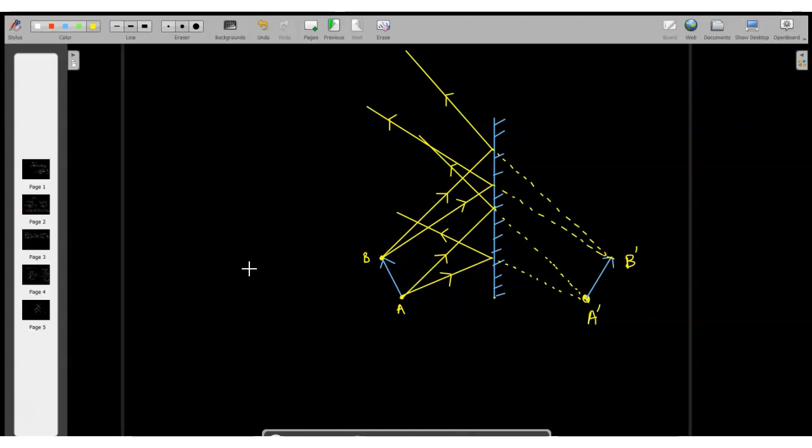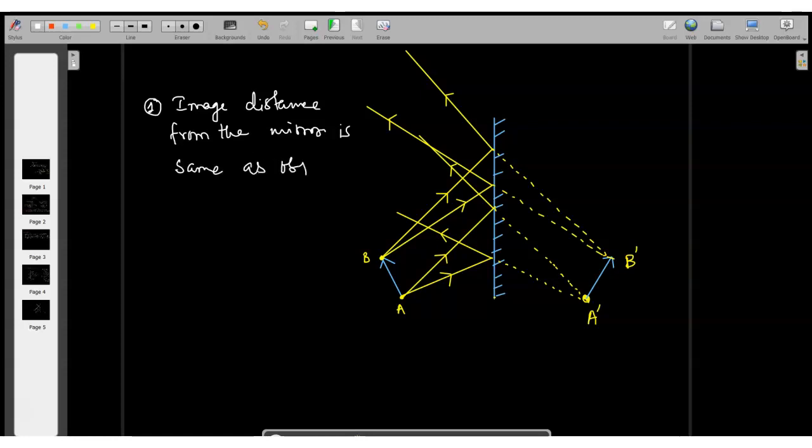So you see what are the properties that you are able to observe over here. Number one, image distance from the mirror is same as object distance.